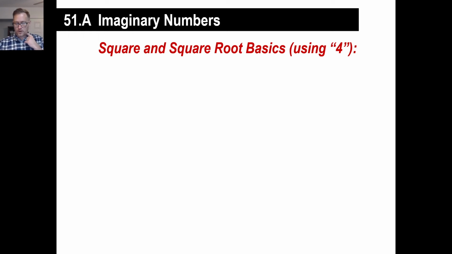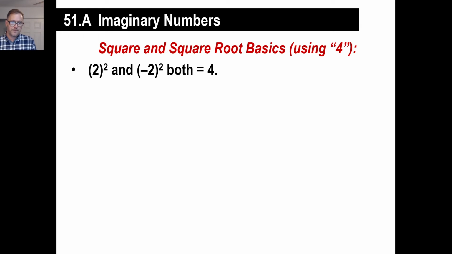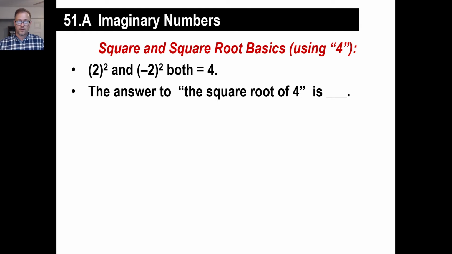But let's look at some square root basics real quick. Let's use 4. Look at 2 to the second power and -2 to the second power. Both are equal to 4, because you're squaring the negative, and a negative times a negative is a positive. If you go backwards though, if somebody says the square root of 4, the answer is just 2.